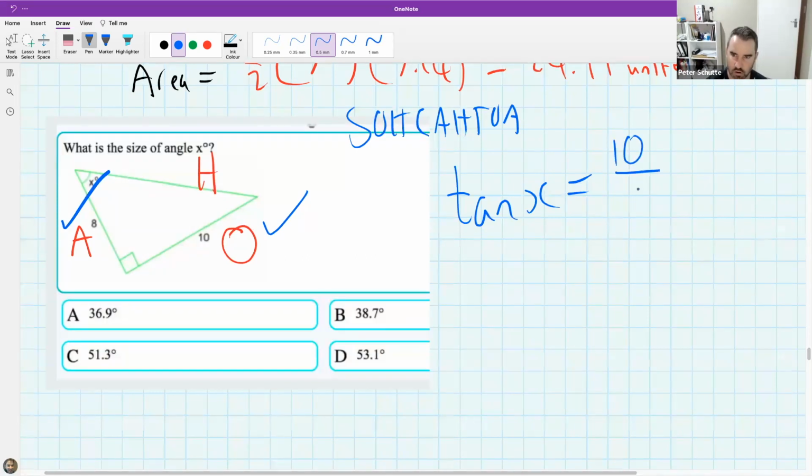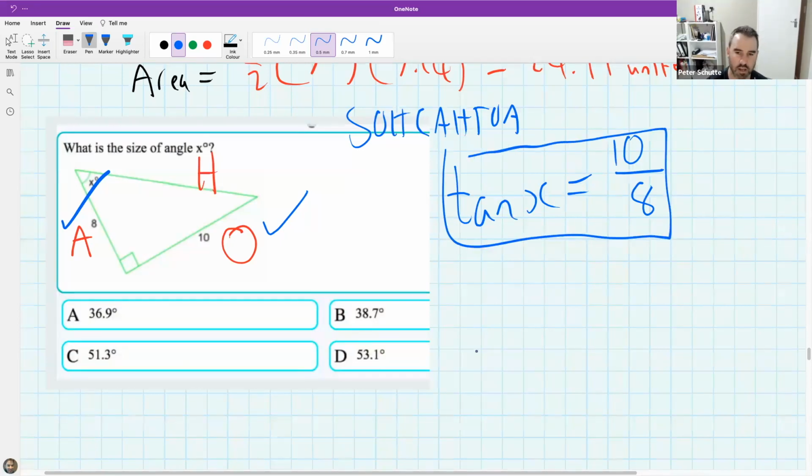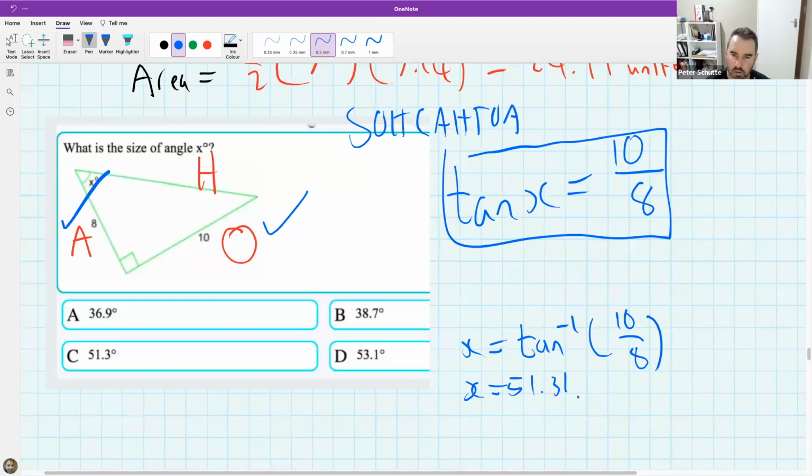So it's 10 over 8. And really, this is a trig equation. To get x, I need the inverse tan of 10 over 8, which gives me 51.34, which is C.